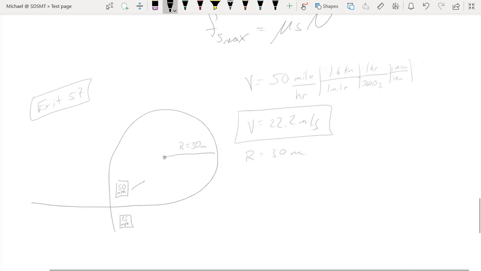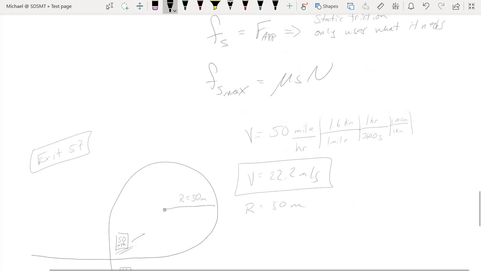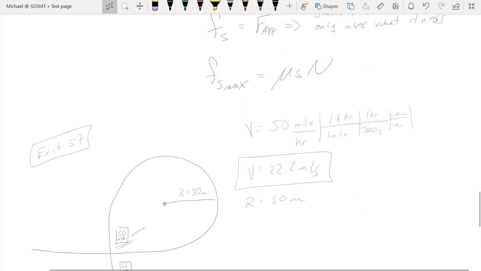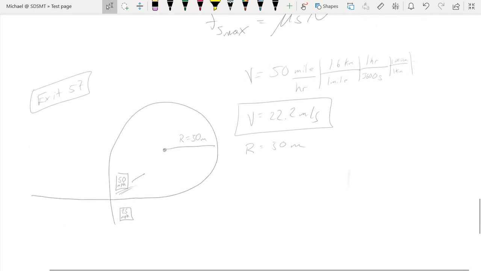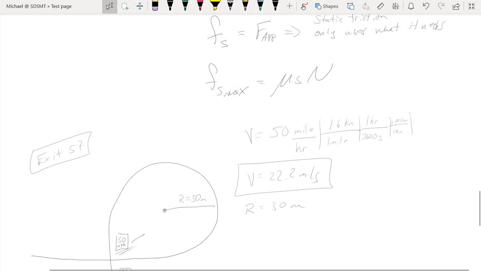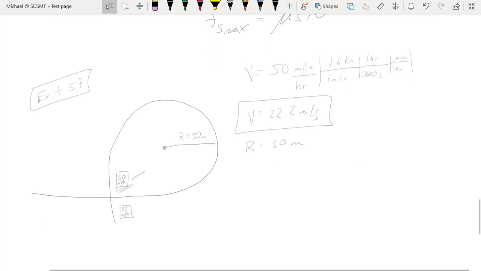And if you were to take the exit at 50 miles per hour, what would you experience for a centripetal force? That centripetal force will eventually be related to the friction, but for right now, I just want to know what's the centripetal force.